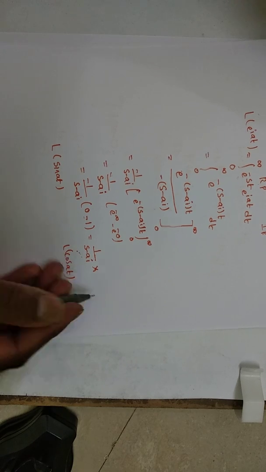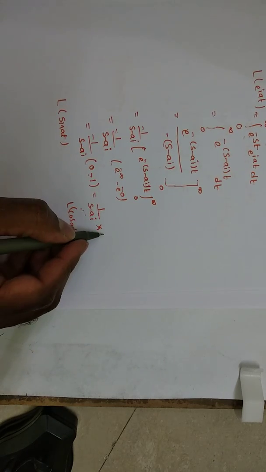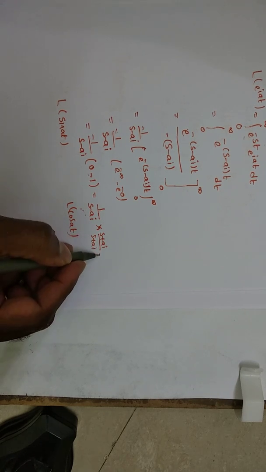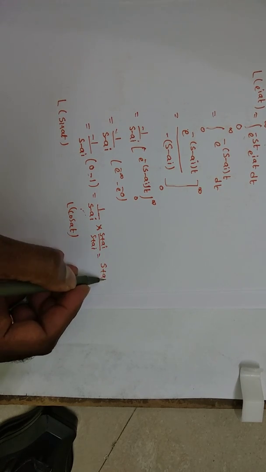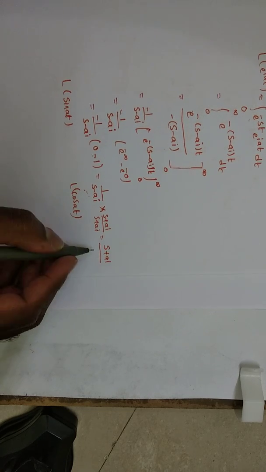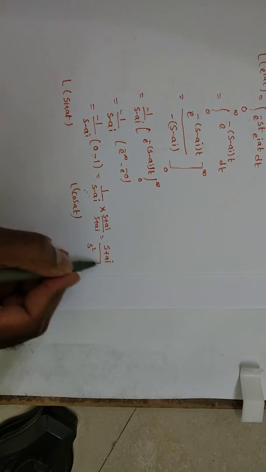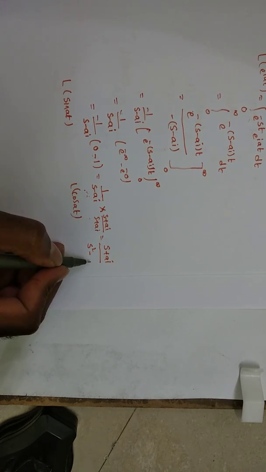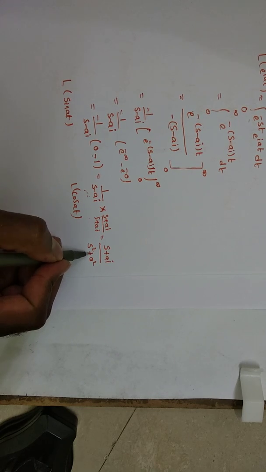We will rationalize, with what? s plus ai. Then you will get the numerator s plus ai, and in the denominator s square minus a square i square. I square is minus 1, so minus of minus plus 1.